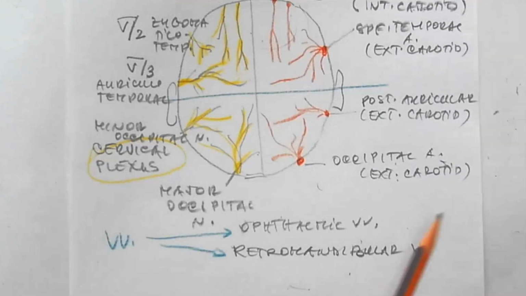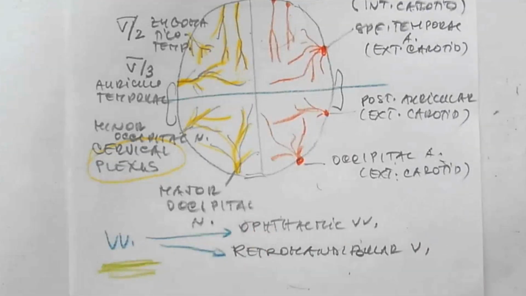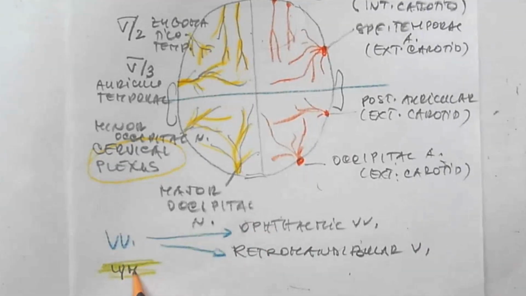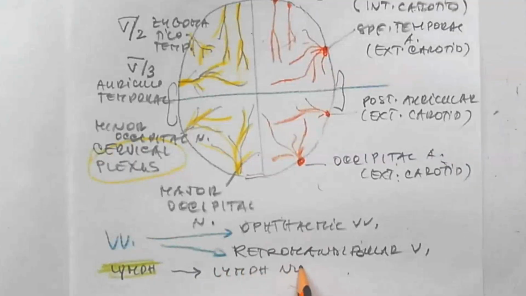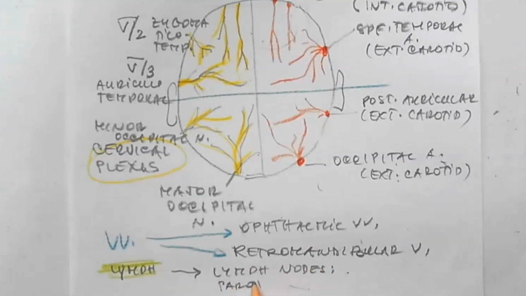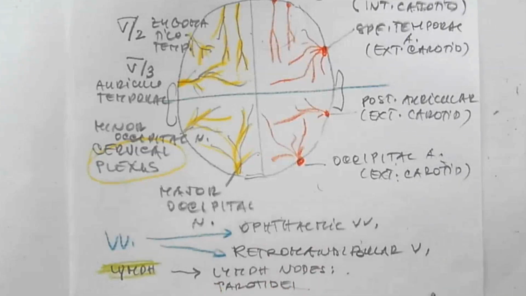Important is the lymphatic drainage. Always important is lymphatic drainage. So the lymph is drained into the nodi lymphoidei, or simply lymph nodes. There are some groups. Laterally, the parotidei; the official term is nodi lymphoidei parotidei, or parotid lymph nodes.